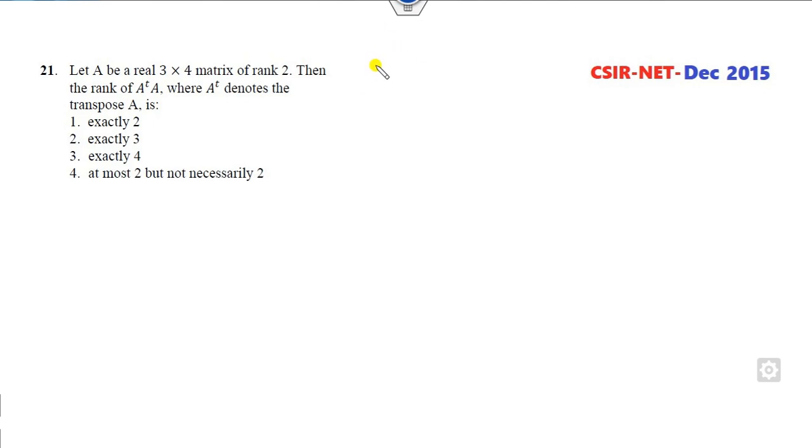Okay, A is 3 cross 4 with rank 2, which is less than the number of column vectors. Then what is the rank of A transpose A? Again, very simple. Firstly you can discard some options. What is the rank of AB?